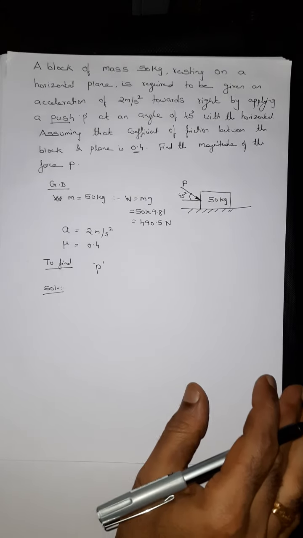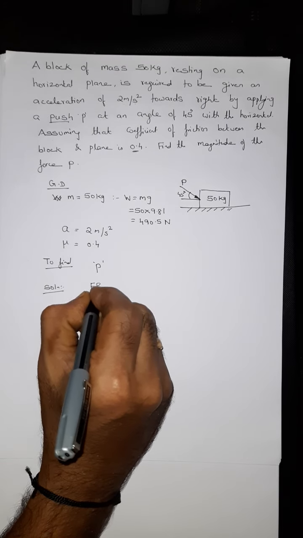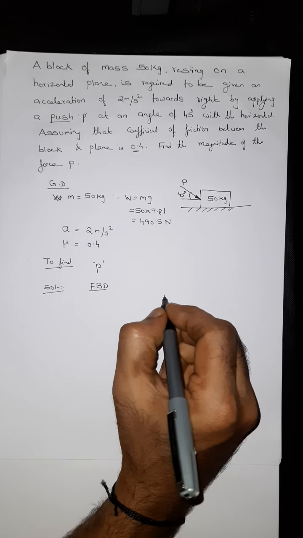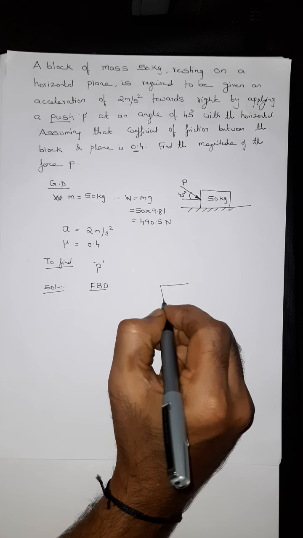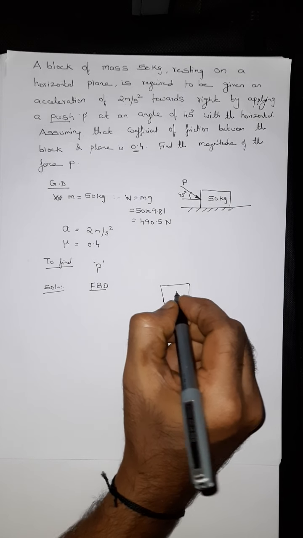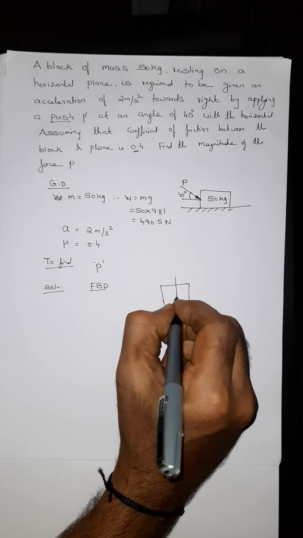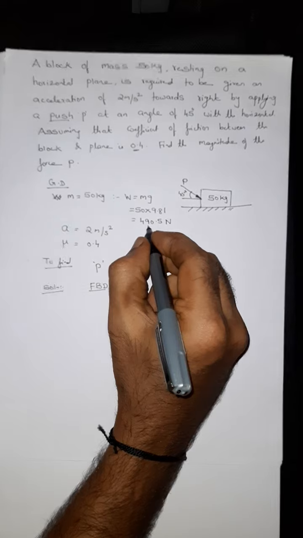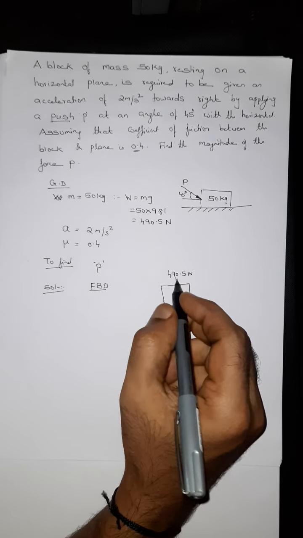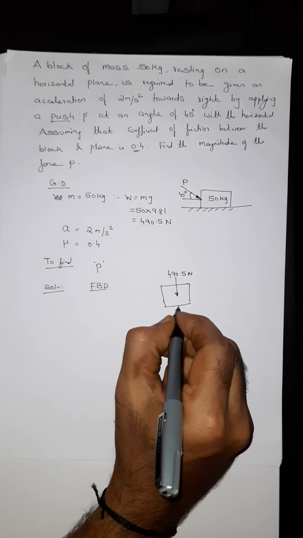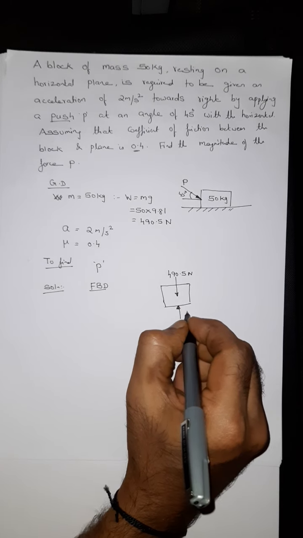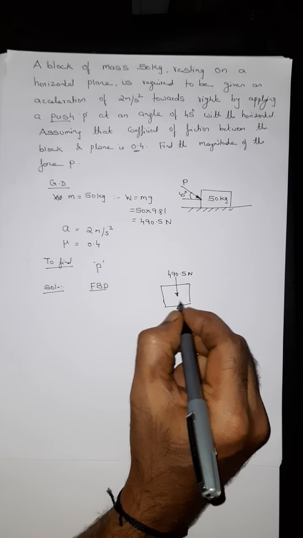First thing what you have to draw is the FBD, the free body diagram. Draw the block, 50 kg mass, which has been converted into 490.5 Newton, which usually acts vertically downwards, and there will be a reaction which would be perpendicular to the surface of the block or surface of the object.